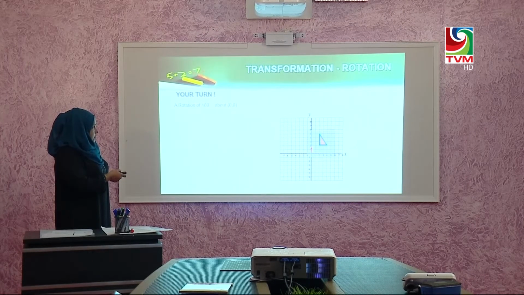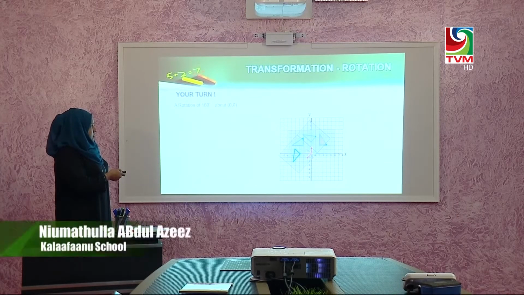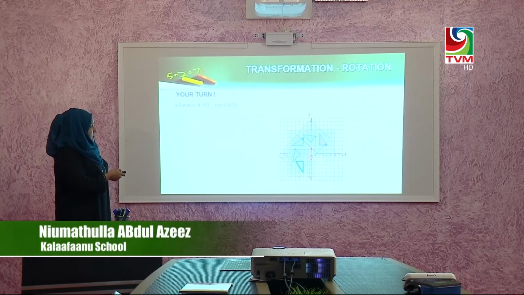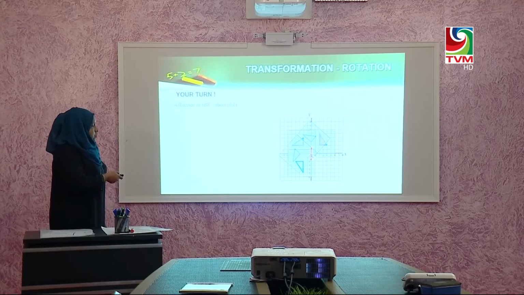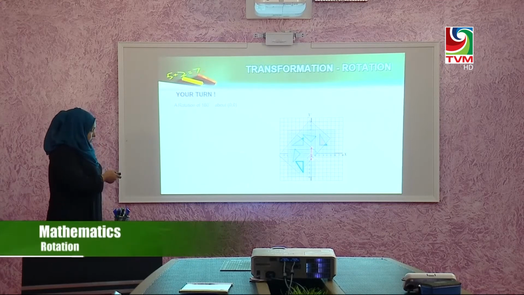So to rotate this tracing paper, you place your compass point or pencil point at the center, then rotate it 180 degrees. Okay, how do you know that you have rotated it 180 degrees?